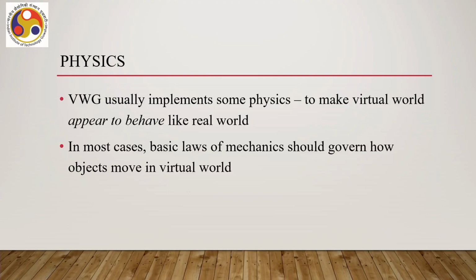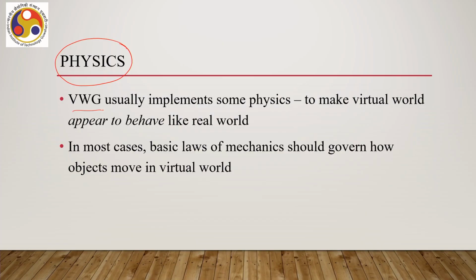Another key support that is required is physics support. So, along with computer graphics for rendering, computer vision again for rendering, and support for locomotion and matched motion, we also need to have support for physics.